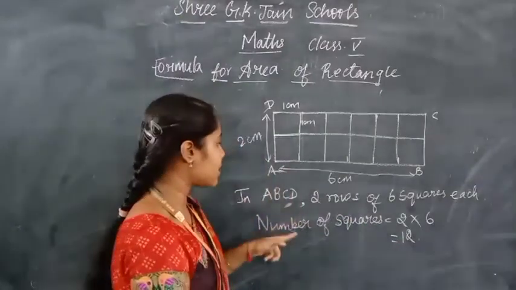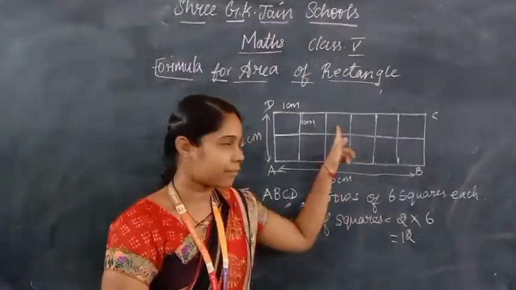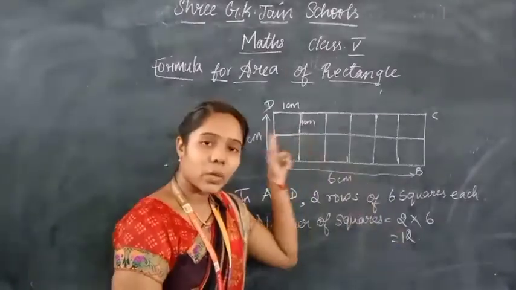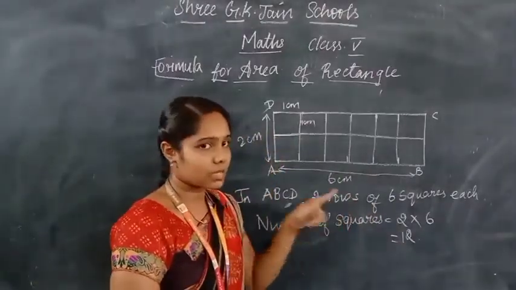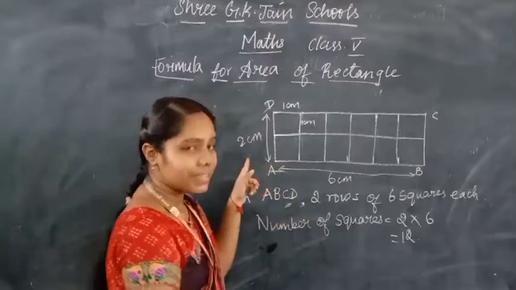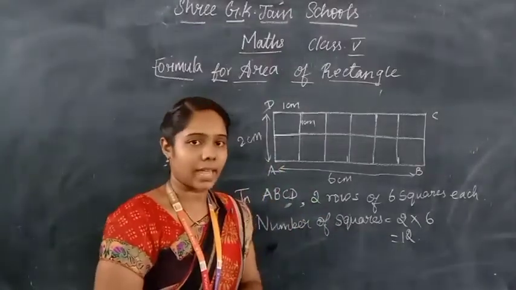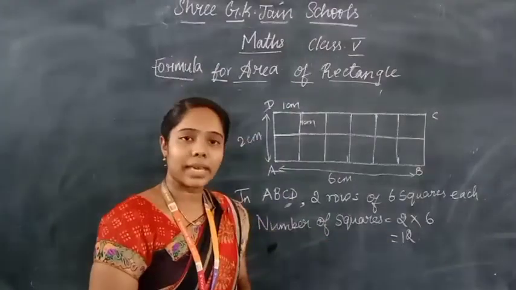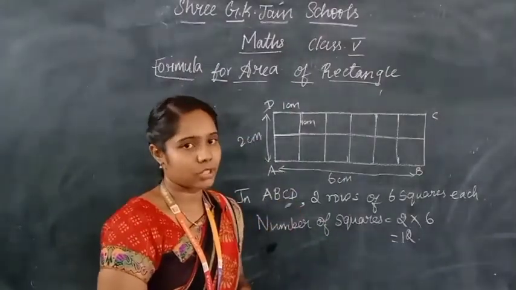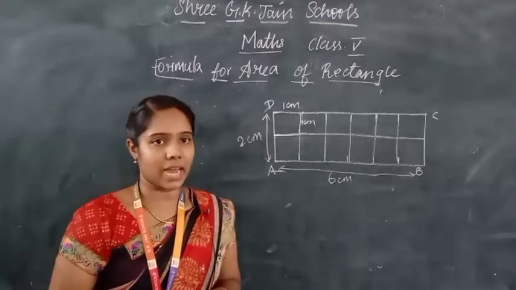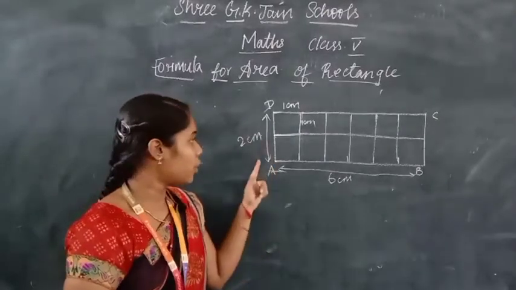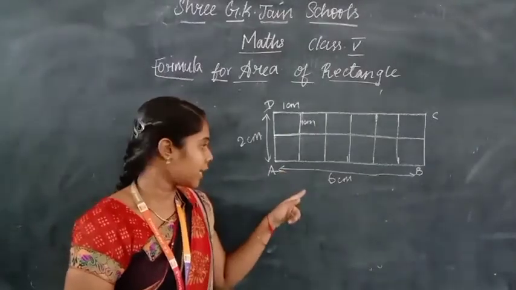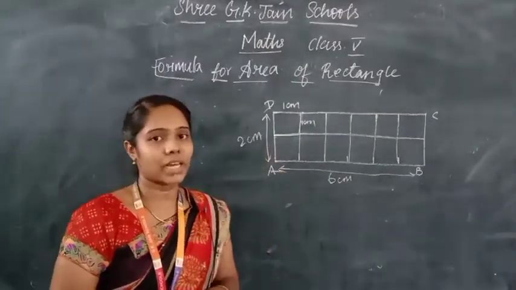So we can say that the number of squares we have formed using this 1 centimeter is equal to the product of the length and breadth of the rectangle, right? If you multiply the length and breadth, what number will you get? You will get 12, right children? From this you have understood that the number of squares formed is 12, which is equal to the product of length and breadth of the rectangle.